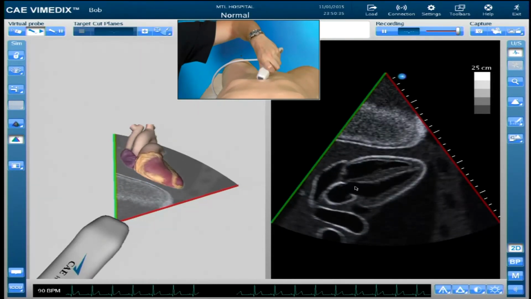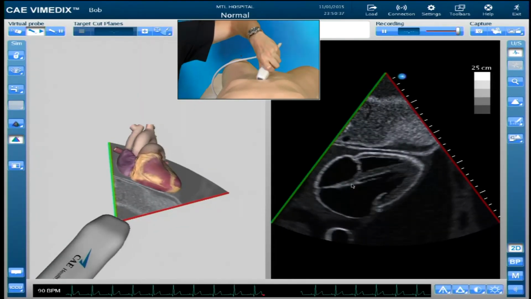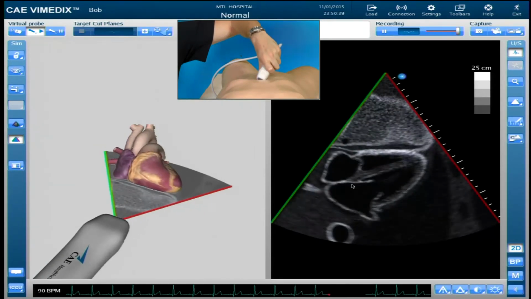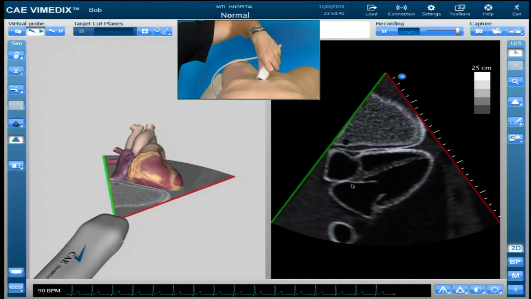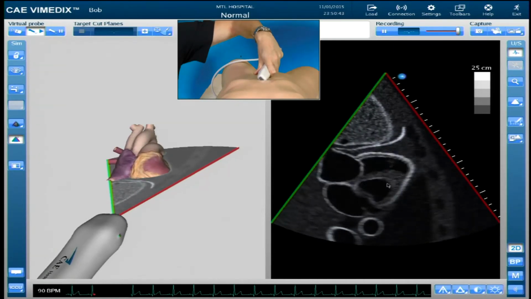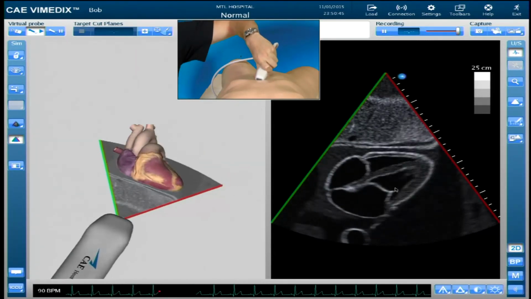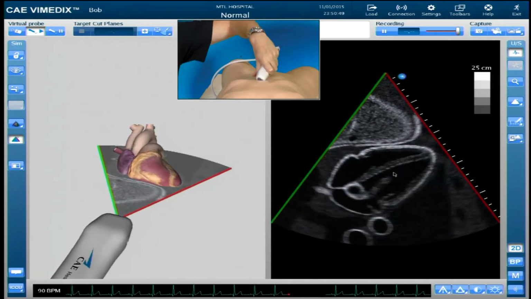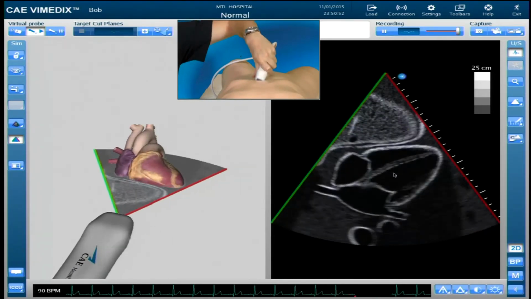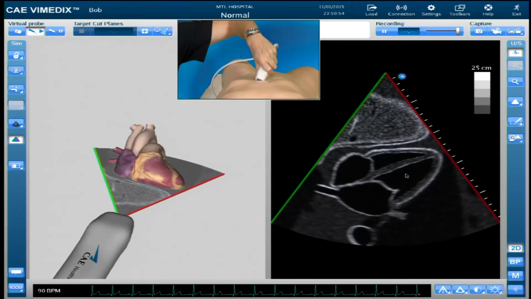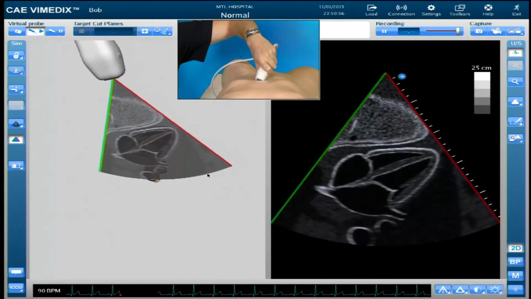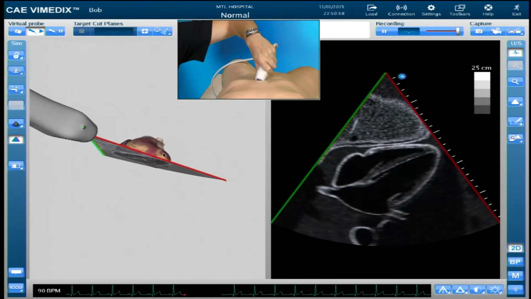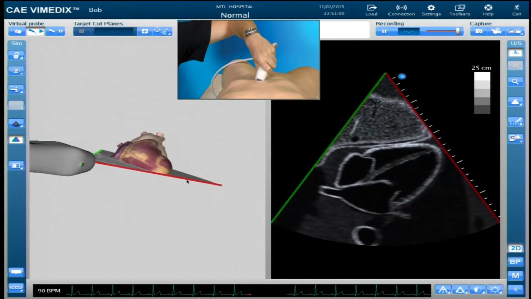Then if you see the aortic valve, we fan it back a little bit, and then rotate it round. If we rotate it too far, we close off that apex. If we rotate it too far the other way, we close off the apex, so somewhere in between. Little bits of fanning, little bits of rotation, one at a time, and there we're sitting down the gun barrel of that left ventricle.